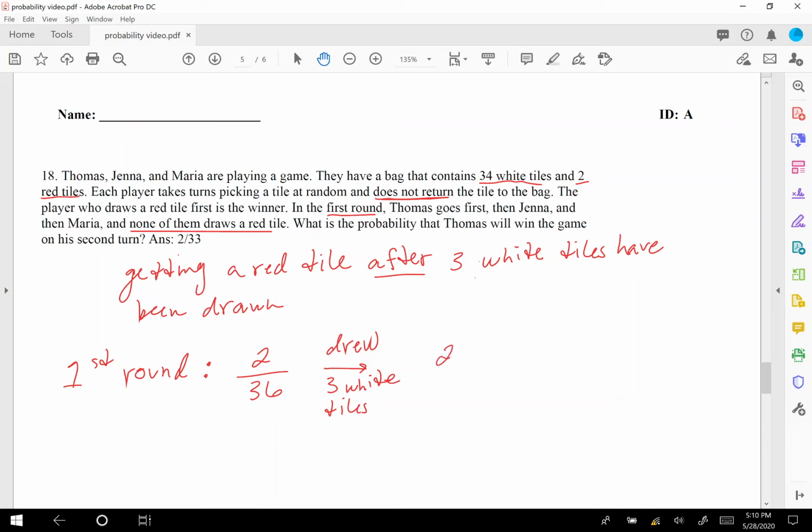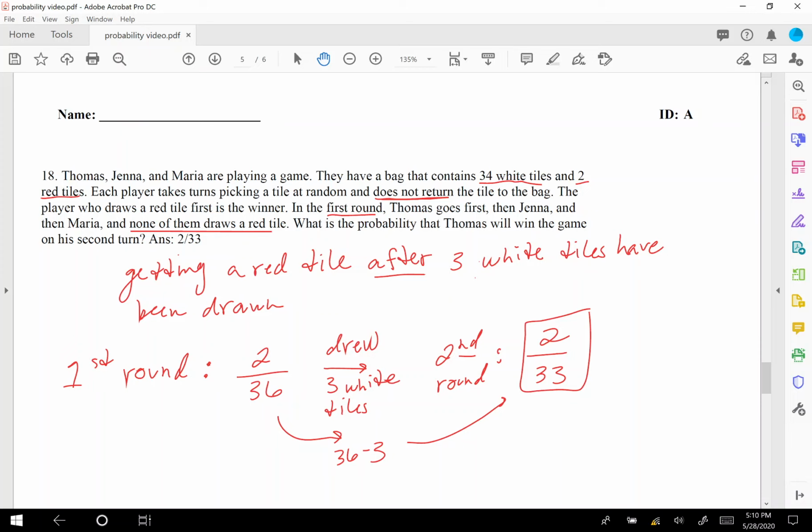So now this is the second round. And Thomas is going to go first. Well, there's still 2 red tiles, but they've drawn out 3. So you have to do 36 minus 3. So it's going to be 33. So he has a 2 out of 33 chance of drawing a red tile in this round.